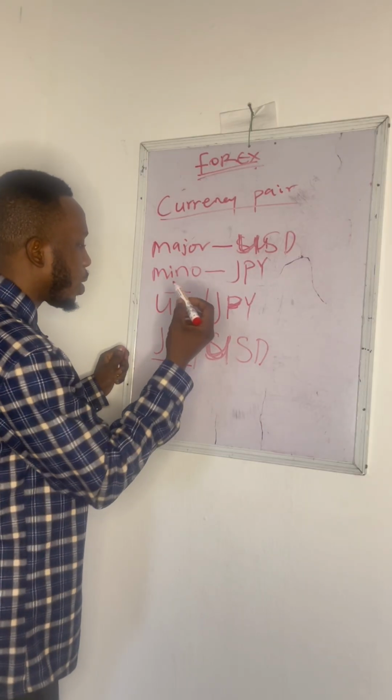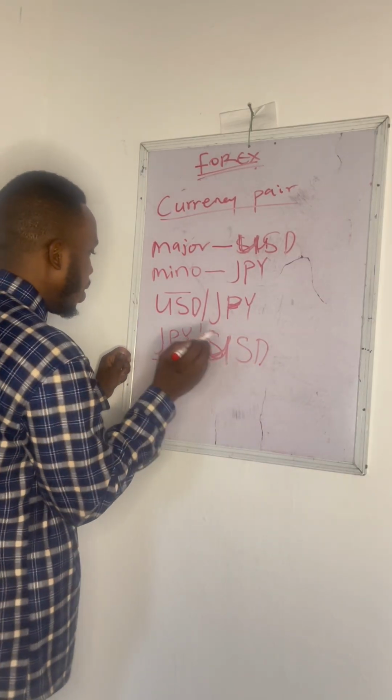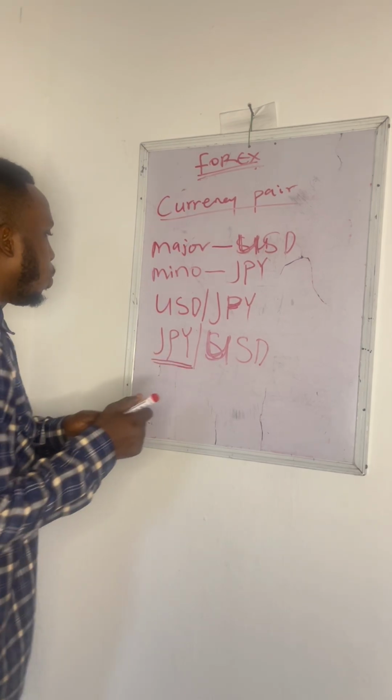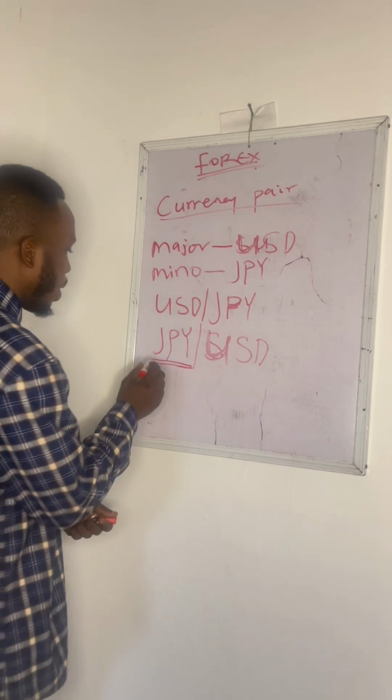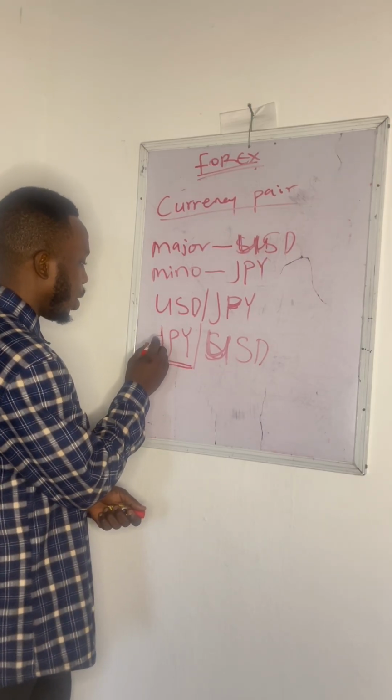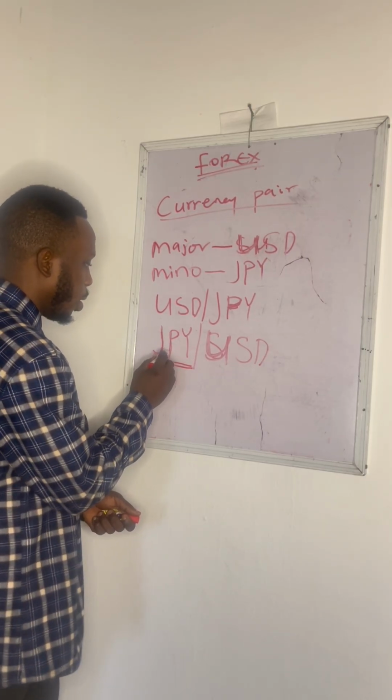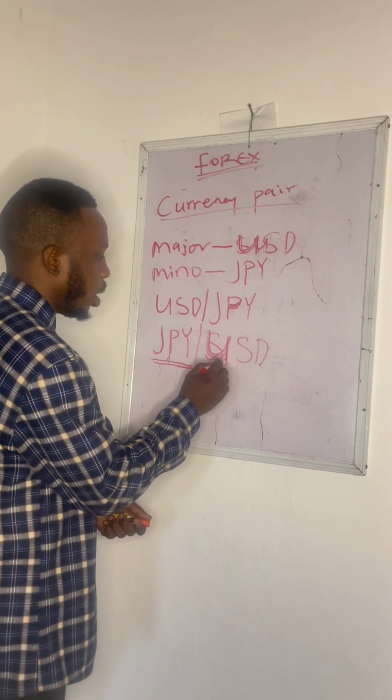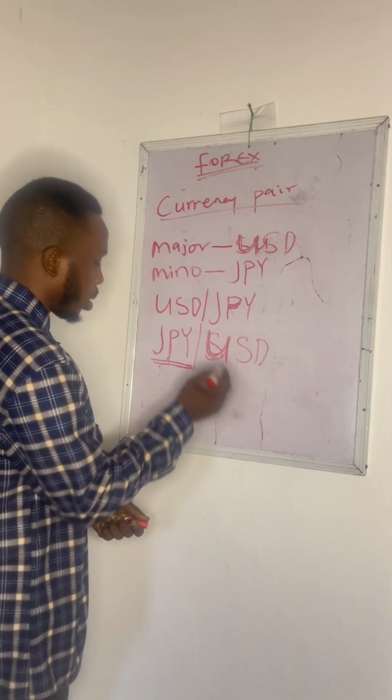So here, when you say sell JPY USD, it means that JPY is in control. When we say buy JPY, that means JPY is in control of the market, while US dollar has lost its strength in the market.